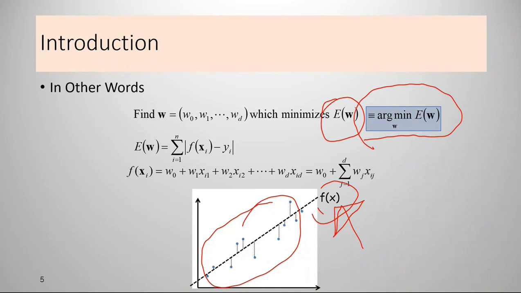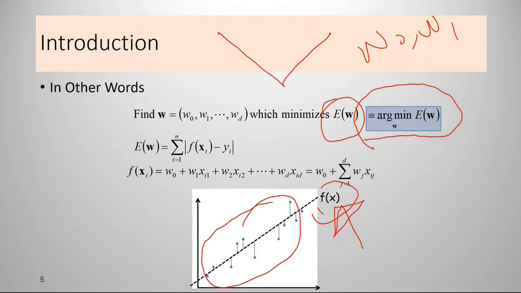This function says, argument w for any weights w, where here in this equation w is in R^d.